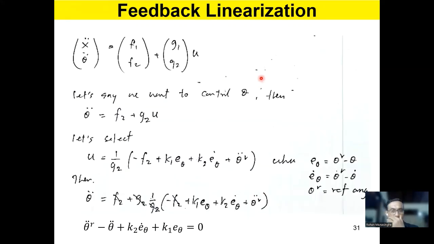Something like that. So this is the nonlinear plant we have. This looks similar to a state space model, but it is significantly different because F1, F2, G1, G2 are nonlinear functions of various combinations of state variables.